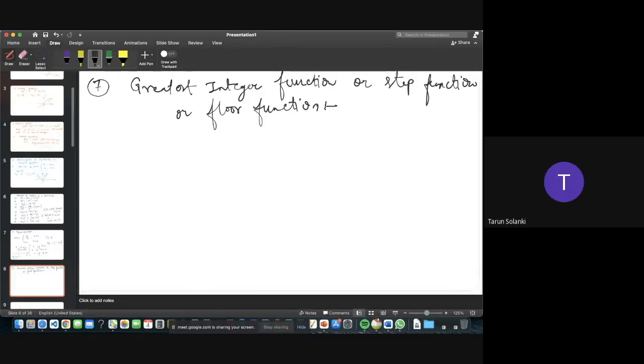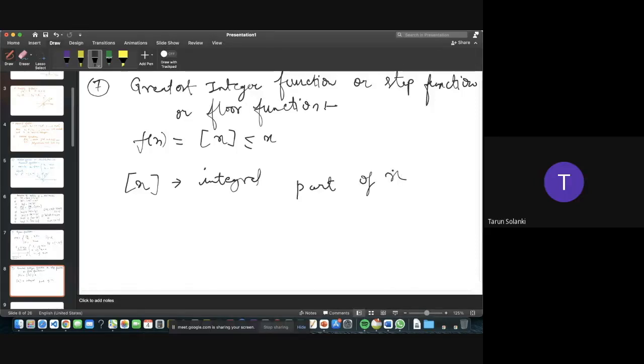So the function f is defined by f(x) = [x], the greatest integer which is less than or equal to x, right? So this is called the greatest integer function, and here this part indicates the integral part of x, right?